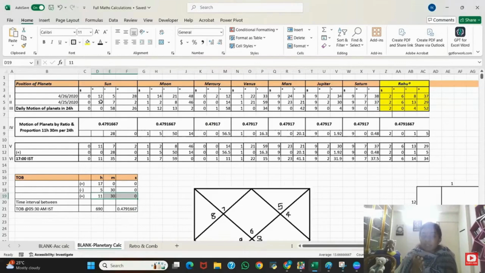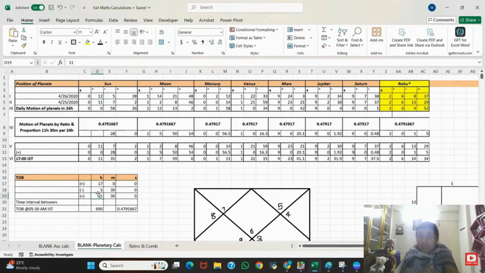Because we have the position of the planets at exactly 5 hours 30 minutes Indian Standard Time, and we want to know what the position was at 17 hours, for the time of birth. That's the reason we have to use the ratio and proportion method. So we have identified how many hours have passed from the 5 hours 30 minutes of standard time.